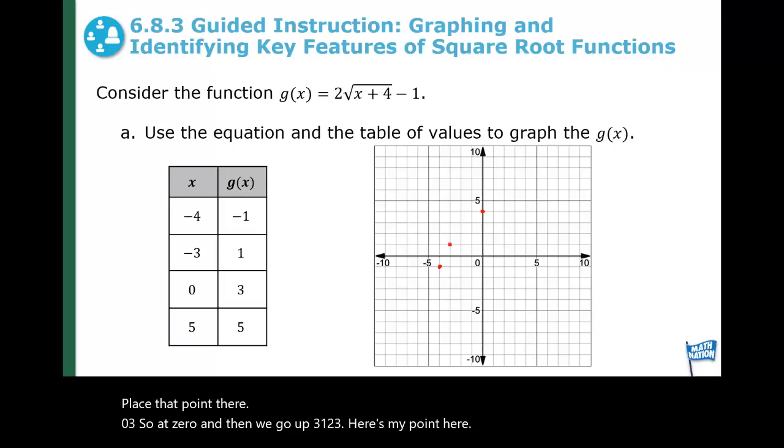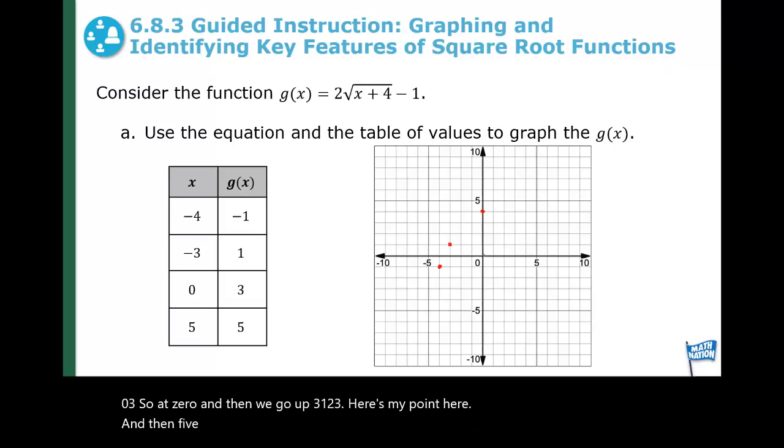And then 5, 5. From the center, 5 to the right, 1, 2, 3, 4, 5, and up 5, 1, 2, 3, 4, 5. My points aren't exact, but they should be clear enough for you to see.